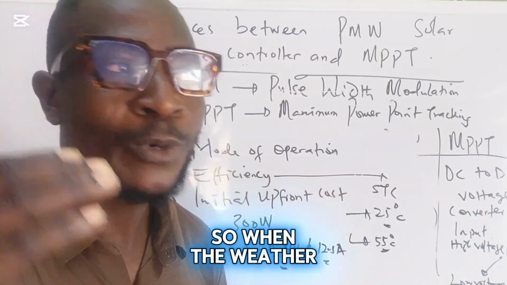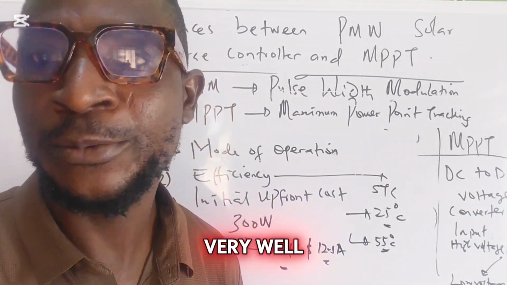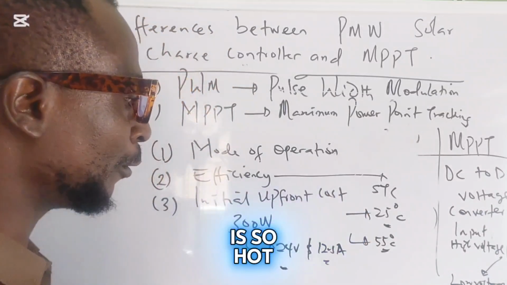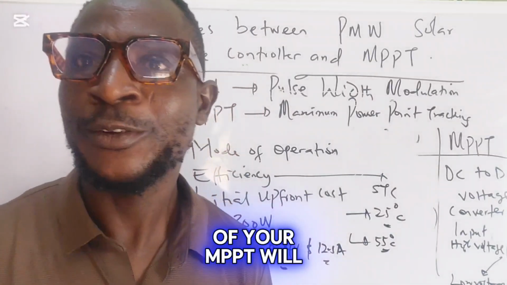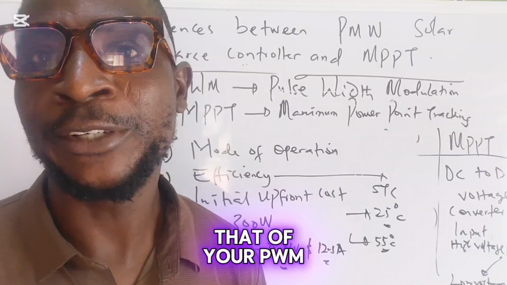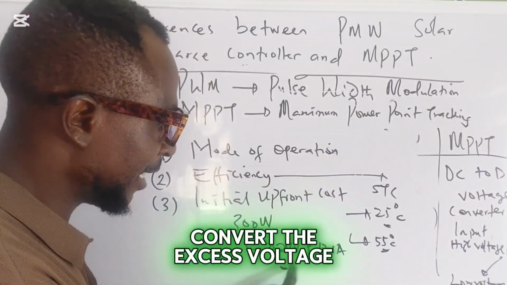So when the weather is very hot, PWM tends to perform very well. It will even get to an extent that when the weather is so hot, the efficiency of your MPPT will be equal to that of your PWM, because the MPPT converts the excess voltage.